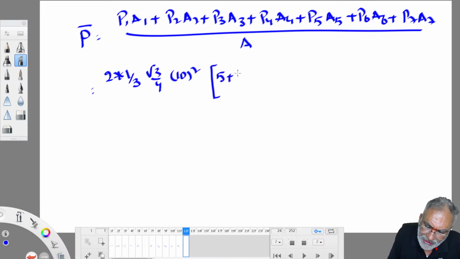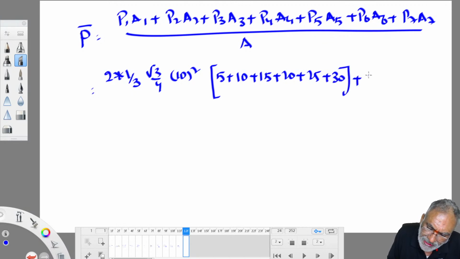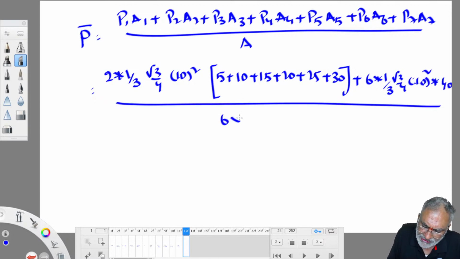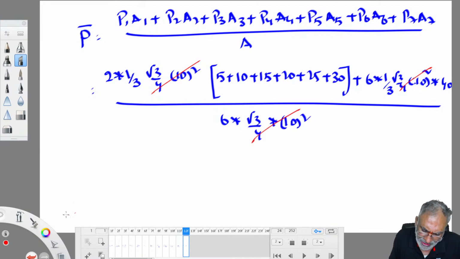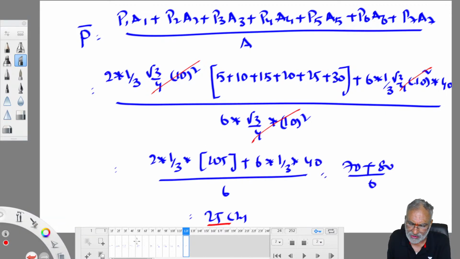P1 is 5 centimeters, P2 10, P3 15, P4 20, P5 25, P6 30, plus the central station with 6 equilateral triangles. Root 3 by 4 into 10 square cancels out, here also. Then remaining, if you simplify, 2 into 1/3 into 15, without calculator also you can manage. So mean precipitation is 25 centimeters. Understood?